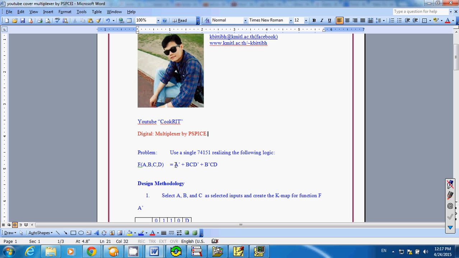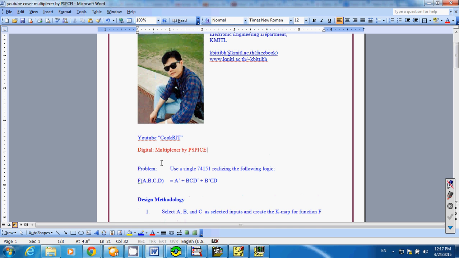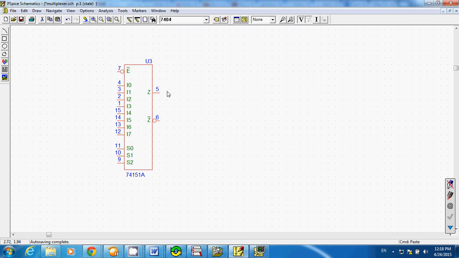Basically, you know that you can just use the OR gate and AND gate together with the four input. But for this case, since we are going to talk about multiplexer, we're going to use the PSPICE.